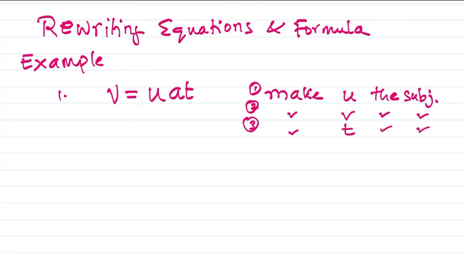This is where we are going to be starting from. We have V equals UAT. All you see in this equation are variables. There are no numbers. In mathematics, when we talk about variables, we are talking about alphabet letters, and when we have numbers, we are talking about coefficients.